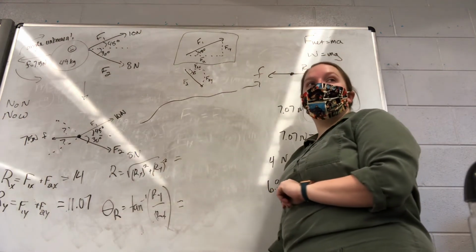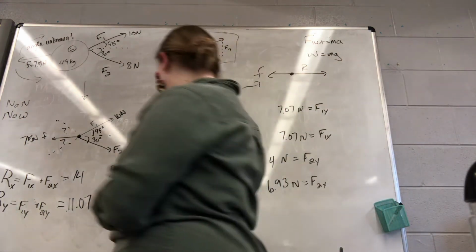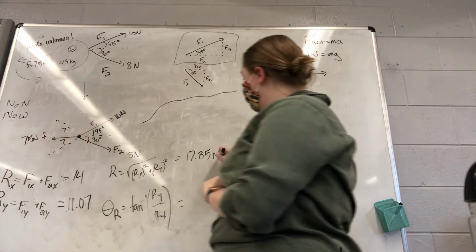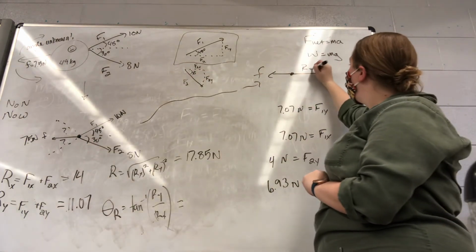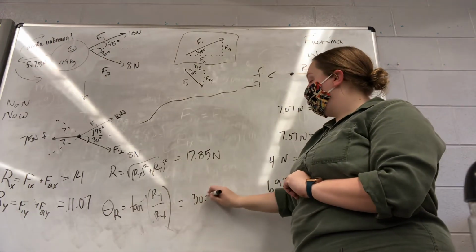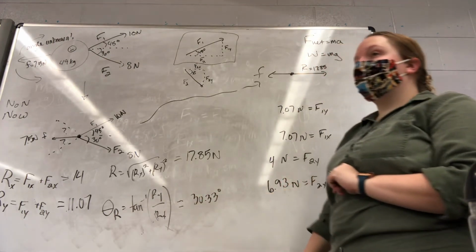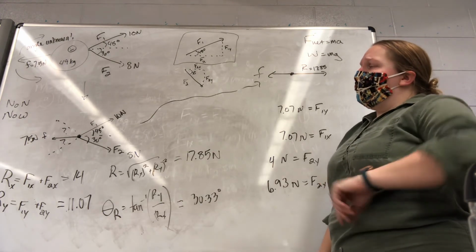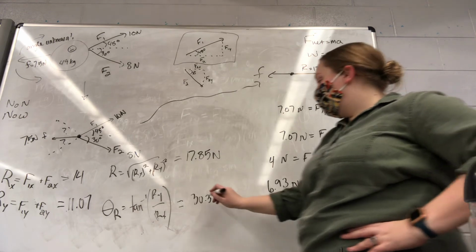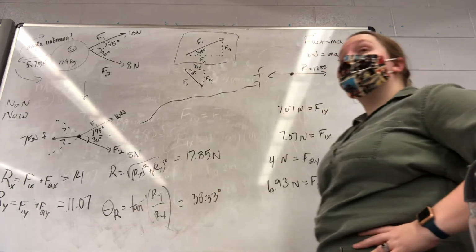Who has r? Who has theta? I got 17.85 for r. I didn't do theta yet. I did theta. I got 38.33. I got 37.7.